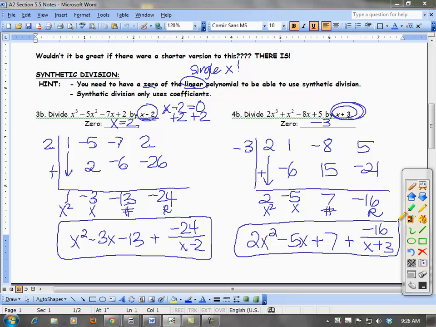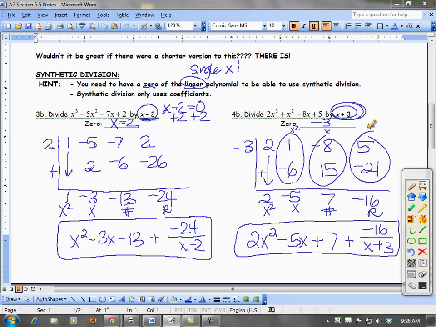And you'll notice we got the same answer as the one above, and you should be able to see again here, these are the x squareds that I subtracted. Here's the x's, here's the constants, and you should be able to find those in your long division to see that you're getting exactly the same thing.